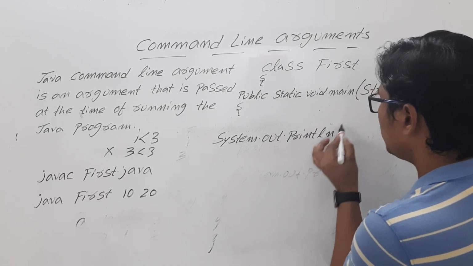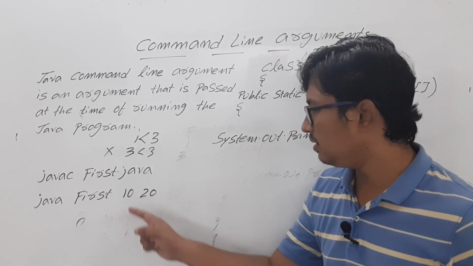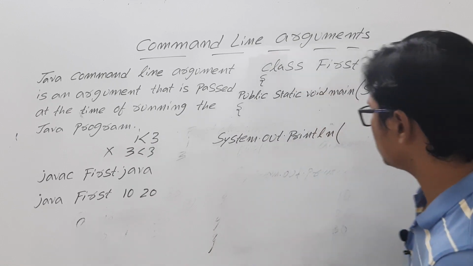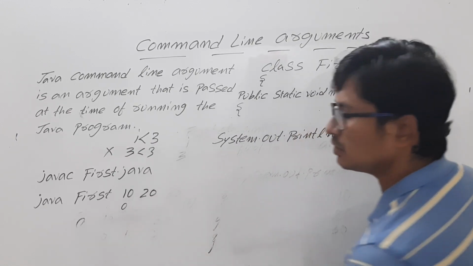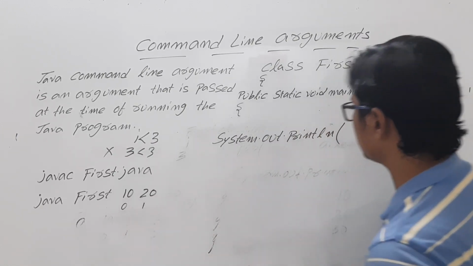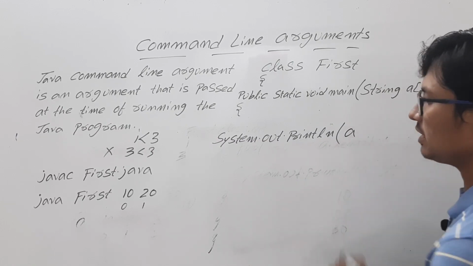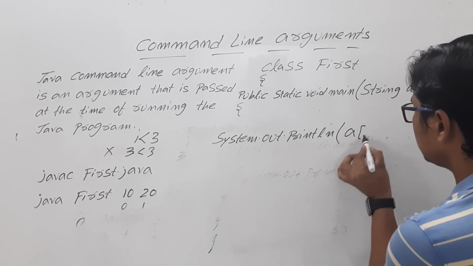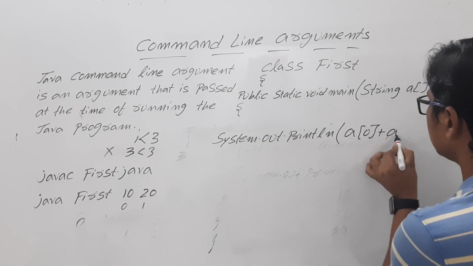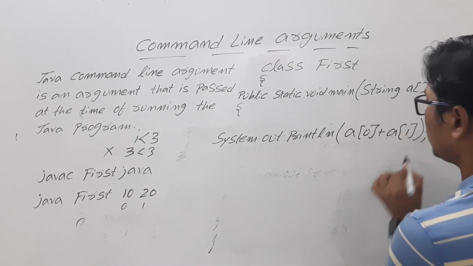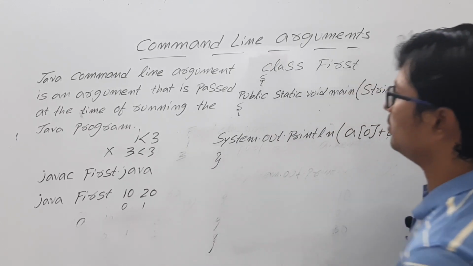I want to compute the sum of 10 and 20. So 10 is there at the index 0, 20 is there at the index 1. So I can write the array name A at the index 0 plus A at the index 1. And I have closed the main function.